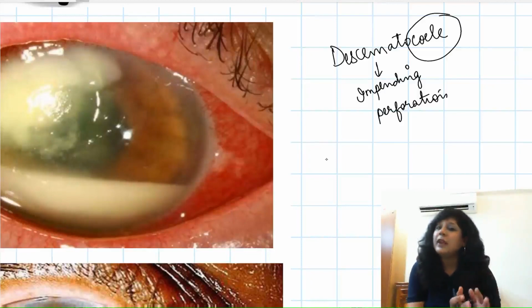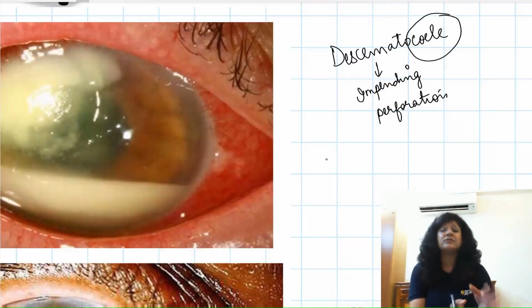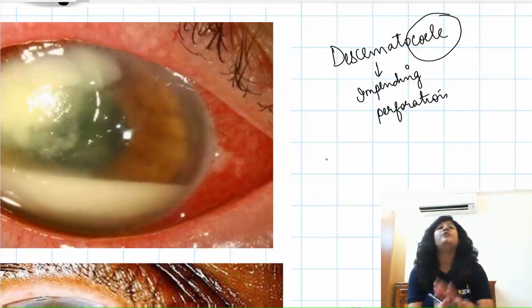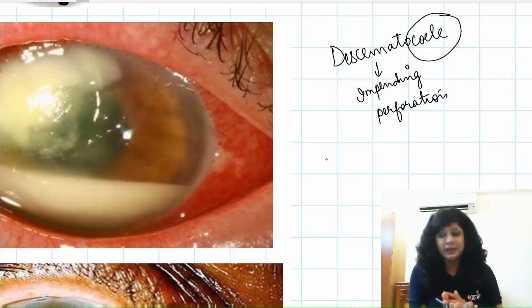So it's always better to admit them. We always give them prophylactically cough syrups and laxatives, and they are obviously kept on bed rest in the hospital. They will not be picking any heavy weights there. So everything is done, and even then sometimes they can go into frank perforation. So this is how the staging can be done.